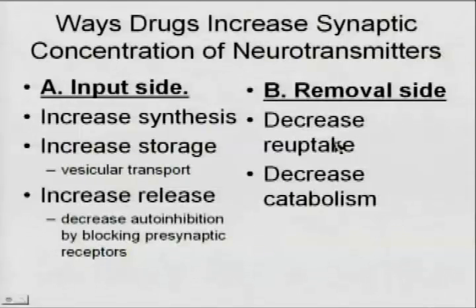So you've got a hole in the bucket you're dumping into, so that's the removal side. Or a straw that's sucking water out, I guess, the two types. Straw sucking it out is catabolism, and the reuptake is the hole in the bottom of the bucket being piped back up to your source bucket. I don't know. Work out the model there. If you decrease reuptake, you're obviously going to get a buildup of transmitter in the synapse.